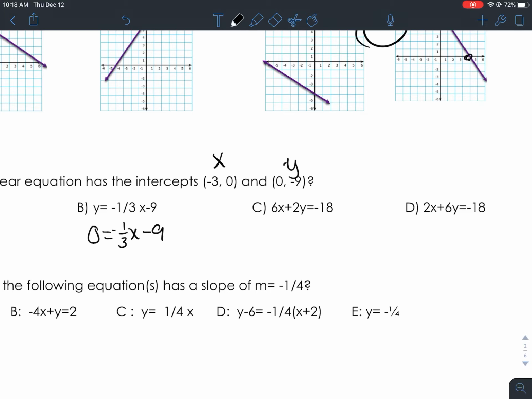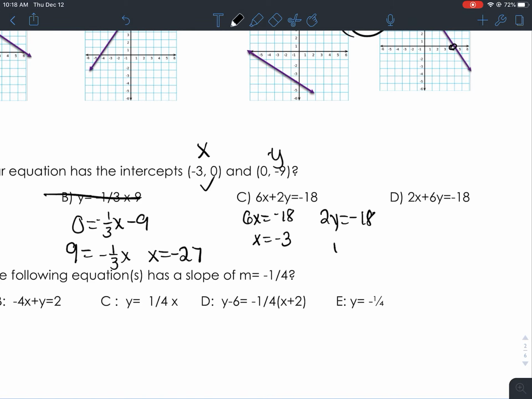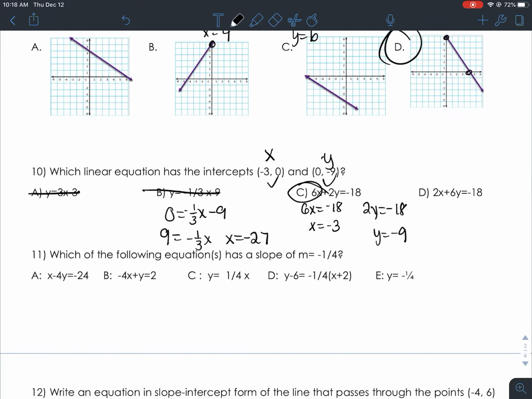You could also plug it in, just check, but that's going to be add 9 to both sides, so it's 9 equals. So the x is actually negative 27, so that one's also out. And then for this one, our x-intercept looks like it would be negative 3, which it is there. And then the y-intercept looks like it's going to be negative 9, which is there. So that's good for that one.